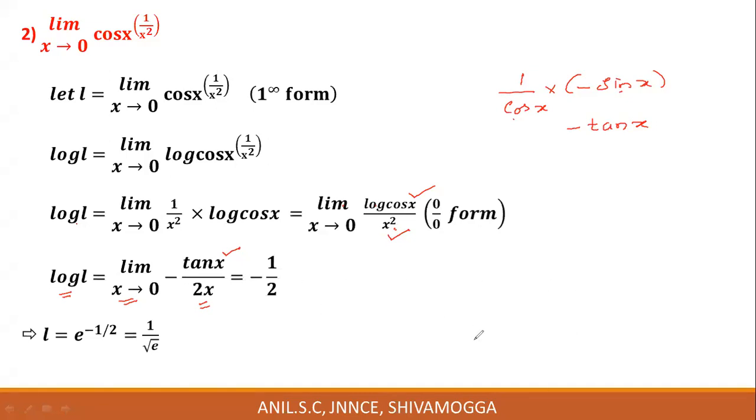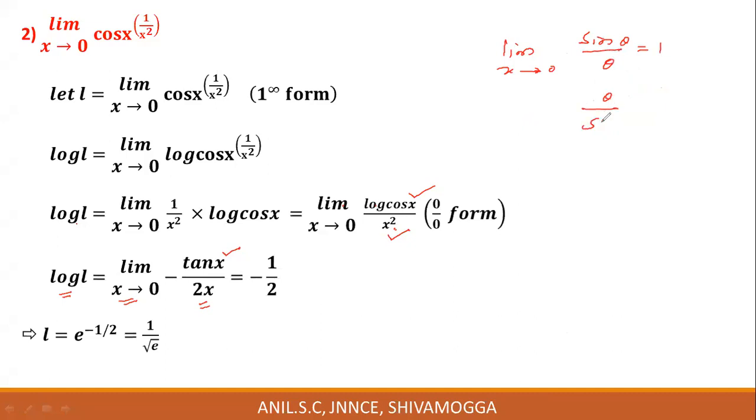Now apply limits. As x tends to 0, sin theta by theta is always equal to 1. This is a known limit.